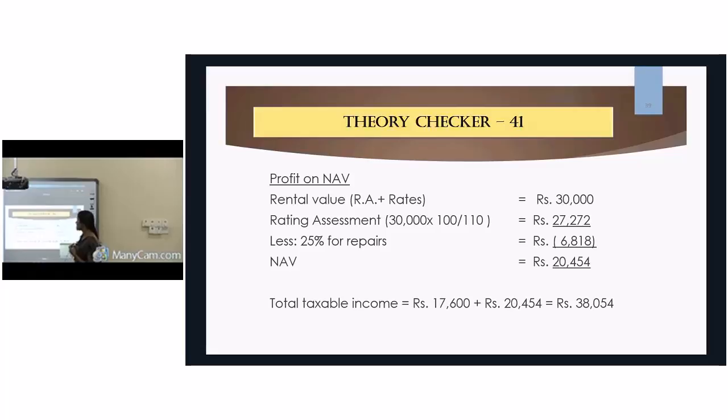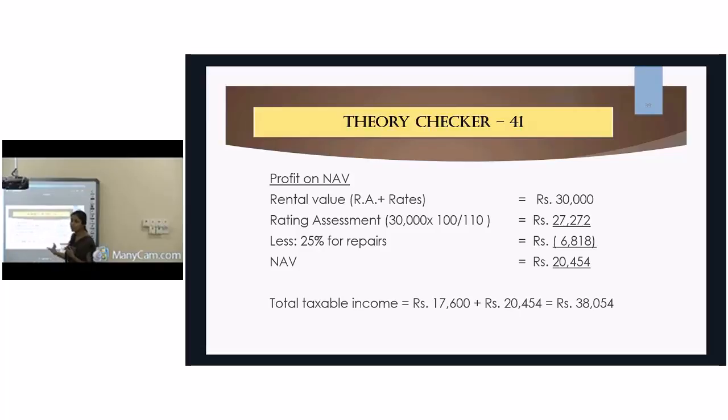So it is a normal calculation, but here you have to make some adjustments since you have the total value, rating assessment plus rates. So the NAV is 20,454. Okay, so the taxable income is both the empty bungalow and the furnishing profit. So 70,600 would be the furnishing benefit plus empty bungalow income 20,454. In this case, you take the empty bungalow profit for the whole year, not whether it was vacant or occupied.